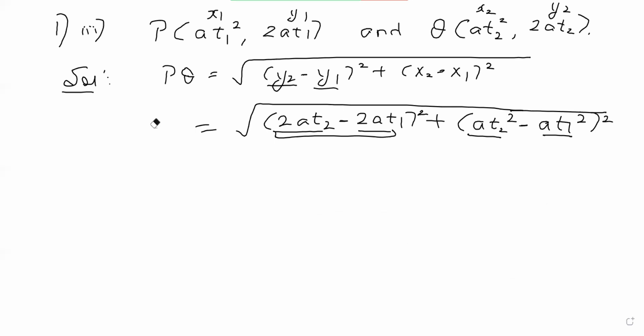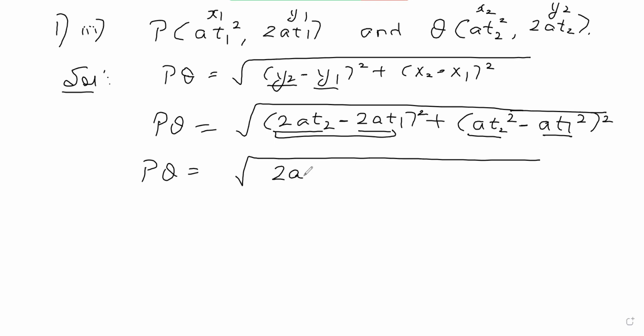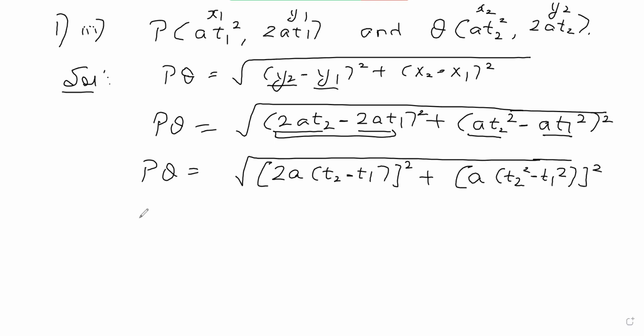So my PQ is going to be, I can take 2a common. So 2a times t2 minus t1 whole squared up. Now this is correct. Plus a times t2 square minus t1 square whole squared up.